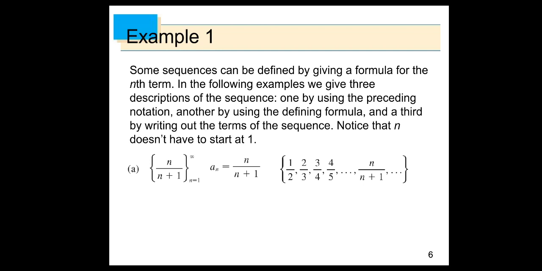You can see over here in part A, this is the preceding notation, and when we move over here, this is our defining formula. And thirdly, this is the terms of the sequence.